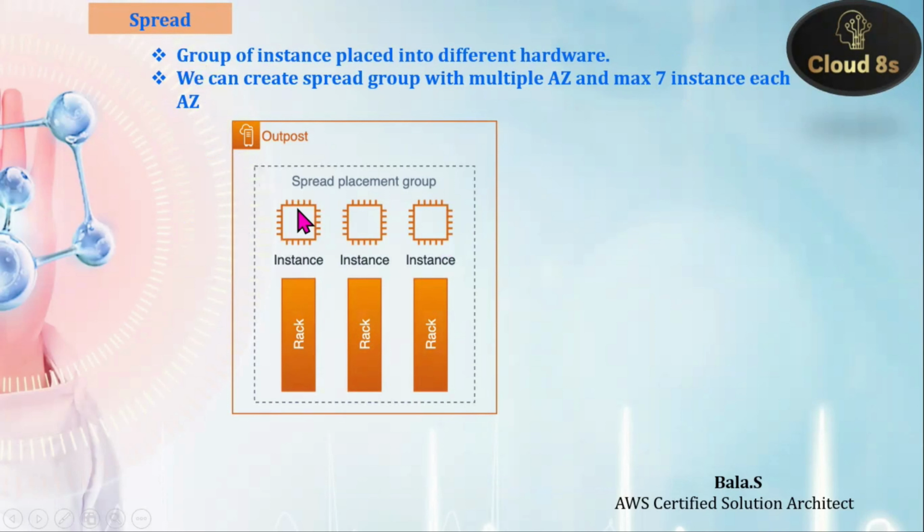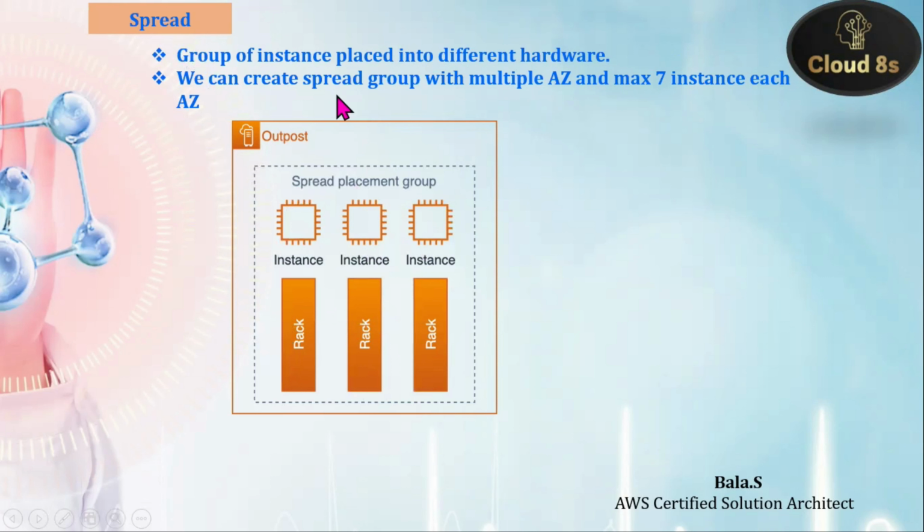So the first EC2 instance will be placed on rack one, the second instance on rack two, and the third one on rack three. So whenever any one of the racks fails, we can still access the other two instances without any interruption. That is the reason they provide spread.